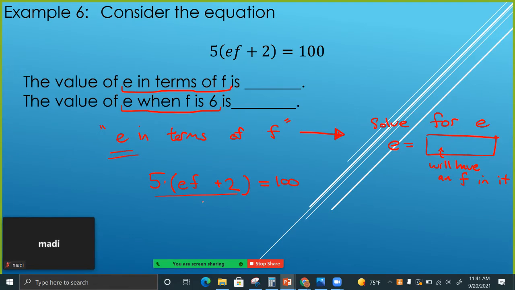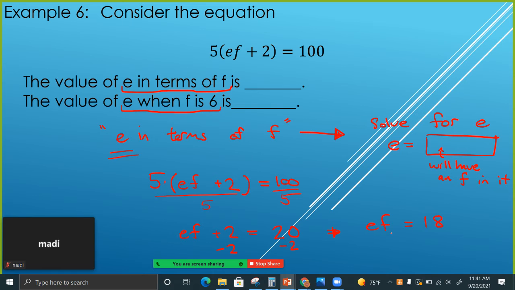So I start this problem by undoing the times 5. We're going to divide both sides by 5. And we get E times F plus 2 is equal to 100 over 5, which is 20. Now we want to undo the plus 2, so I'm going to subtract 2 from both sides. And we get E times F is equal to 18.